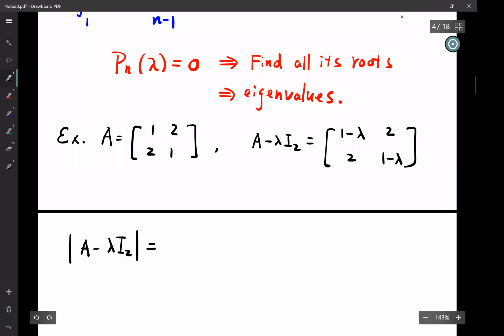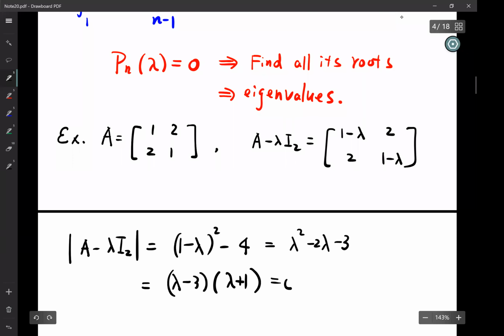And this is multiply. This is AD minus BC. And this one is equal to lambda squared minus 2 lambda minus 3. I can factor it. So this is lambda minus 3, lambda plus 1 equal to 0.